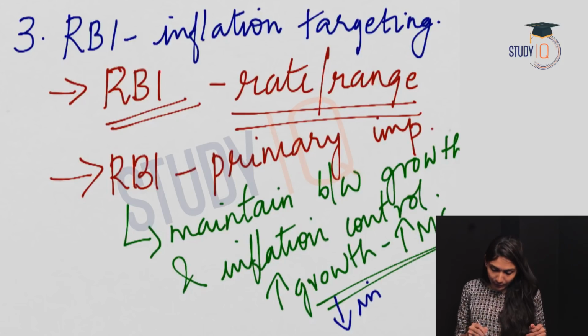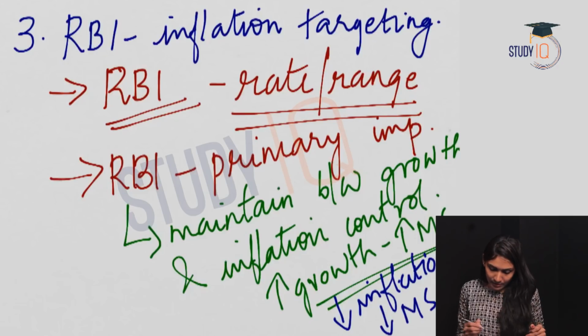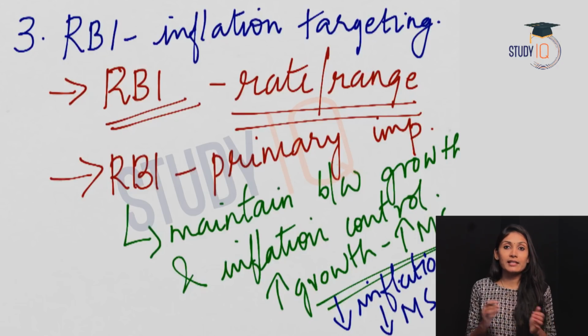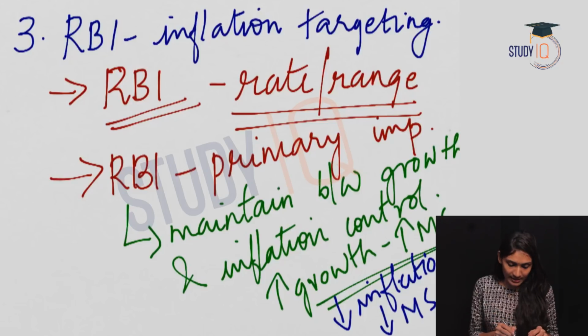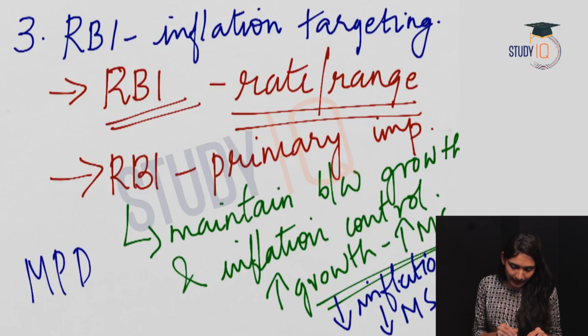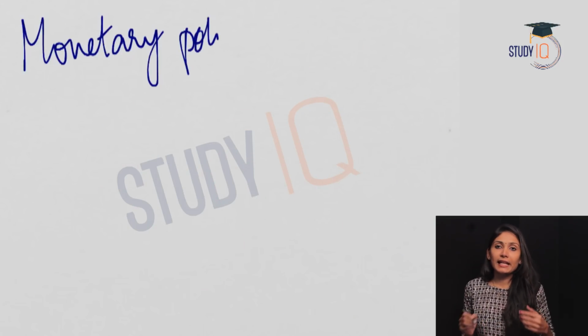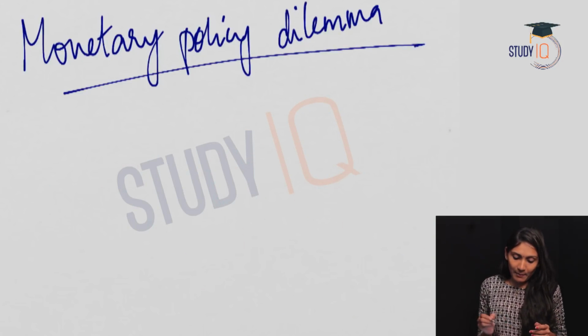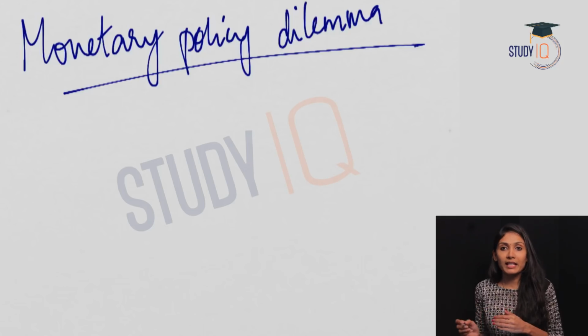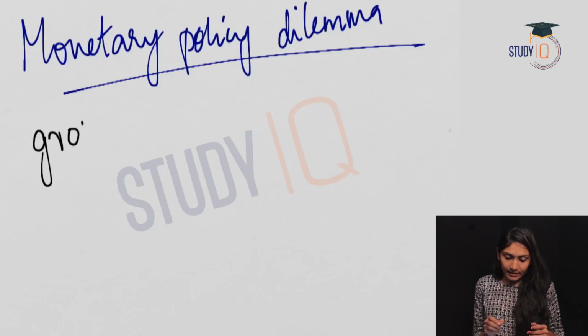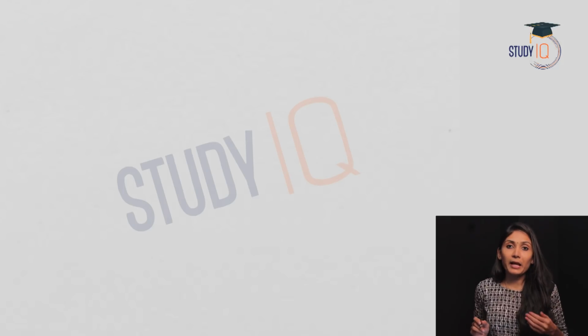But in order to control inflation, the money supply should come down. So there is a dilemma between these two objectives. This is known as the monetary policy dilemma. The monetary policy dilemma says that the central bank of an economy has to maintain a balance between growth and inflation, and the primary focus should be on maintaining this balance.